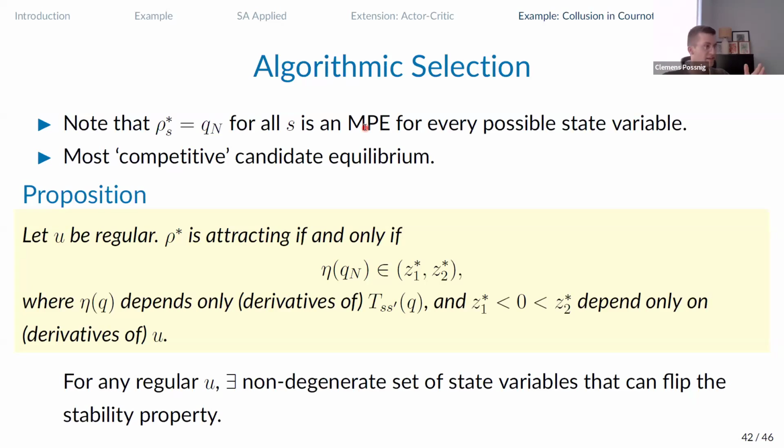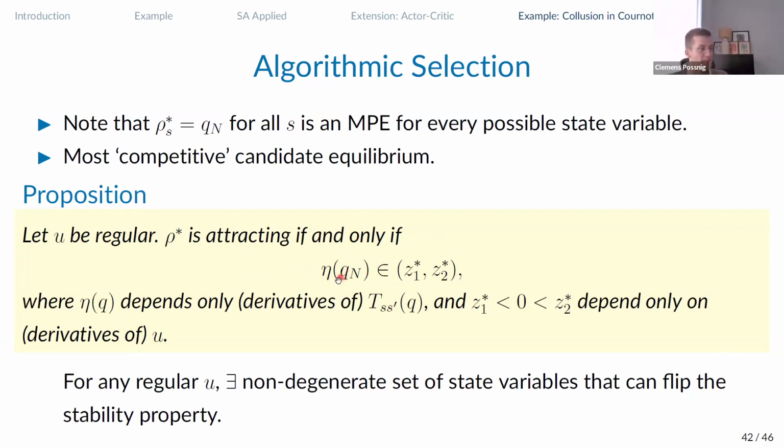And the result here is saying exactly that. If we take a regular payoff function and you take this rho star, which is the repetition of the static Nash equilibrium, it is attracting and therefore learned with positive probability if and only if this bounding condition here holds.